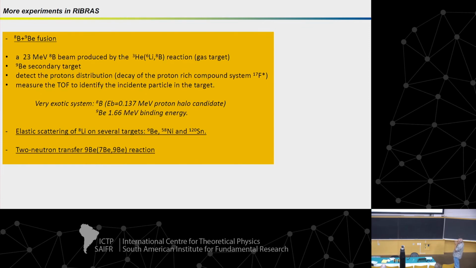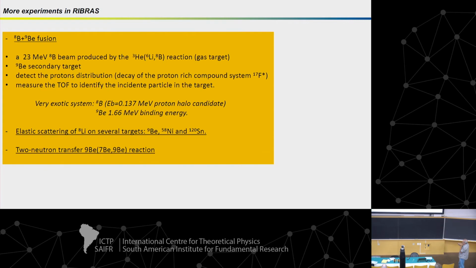And beryllium-9 is also a weakly bound nucleus. When you collide these two nuclei, you form fluorine-17, which is a proton-rich nucleus, which will decay mainly by emitting protons. So the idea is to measure the proton distributions from this reaction.